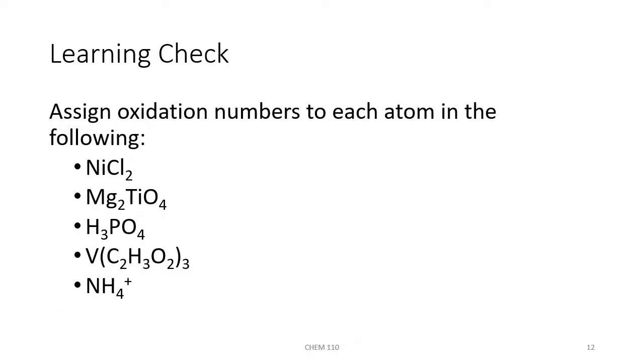Let's try a few examples to learn how we assign oxidation numbers to each atom in the following compounds. If we have something like nickel(II) chloride, or NiCl2, we want to break this up into the individual elements that are composing the compound and think about each of them separately. We don't have a rule in our oxidation numbers for nickel, so we're going to have to start with chlorine.